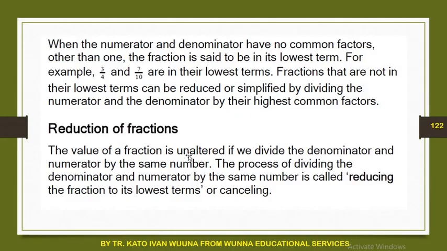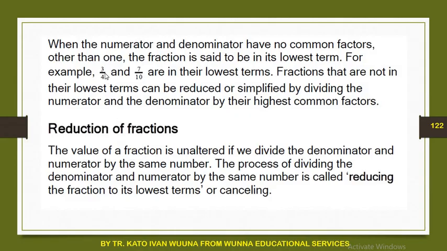Please pay attention. We are told that when the numerator and denominator have no common factors other than 1, then the fraction is said to be in its lowest term. For instance, do you remember how we got 3/4?